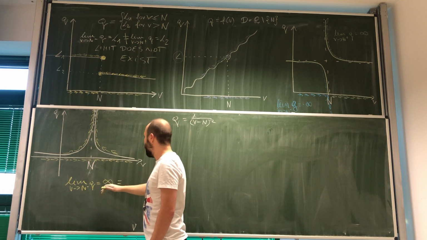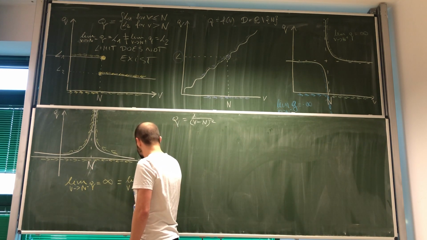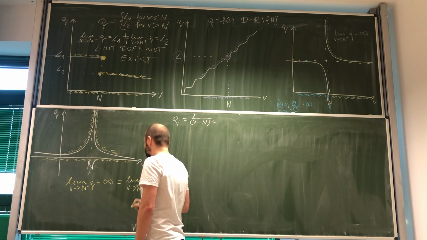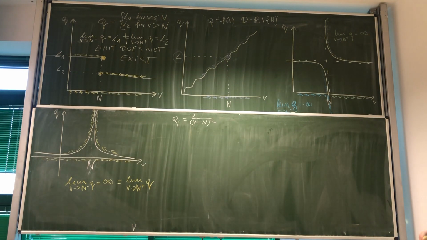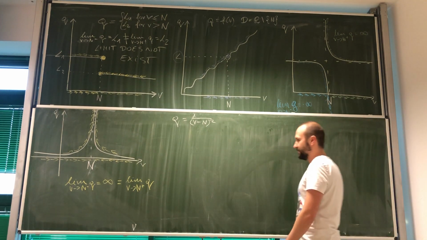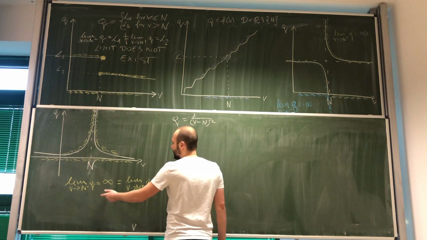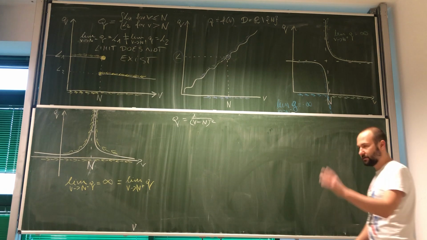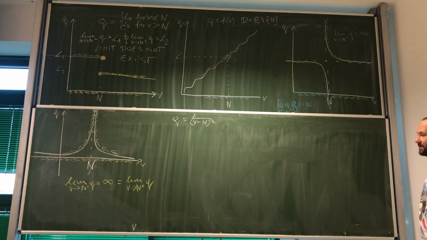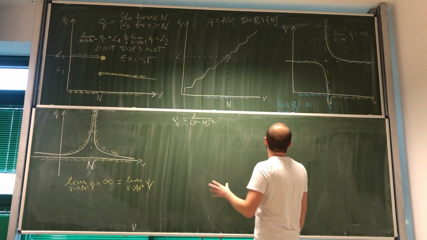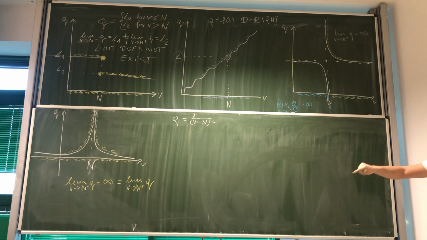So also the limit here is equal to infinity. But remember, even though in this case one condition for the existence of a limit is fulfilled, so left side and right side limit are the same, still this is not a finite number, right? This is infinity. Still, in this case, just like over here, the limit does not exist.